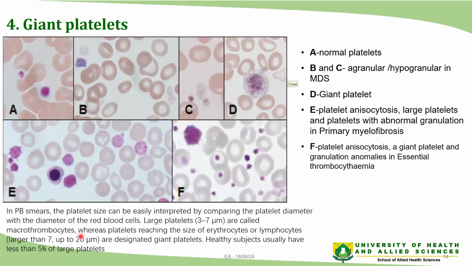And then platelets that reach the size of a red cell or the size of a lymphocyte, measuring between 7 to 20 microns, are designated giant platelets. It is normal to find some giant platelets or some large platelets in healthy subjects, but these are usually less than 5% of all the platelets that you find in them.